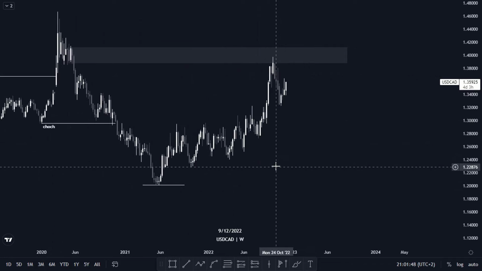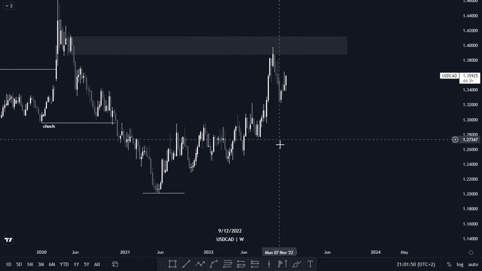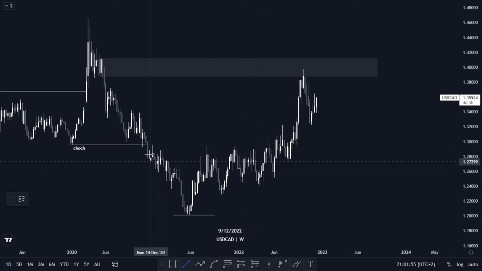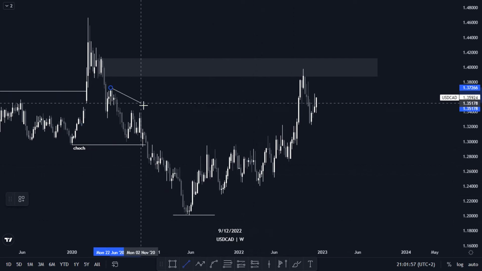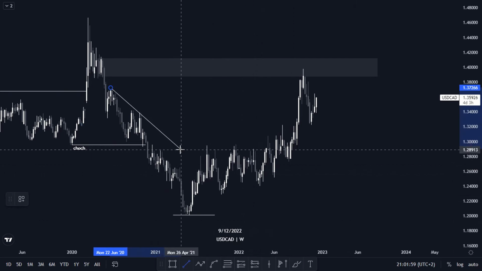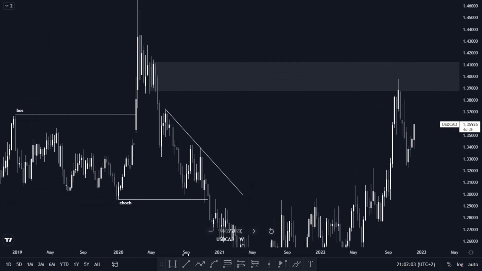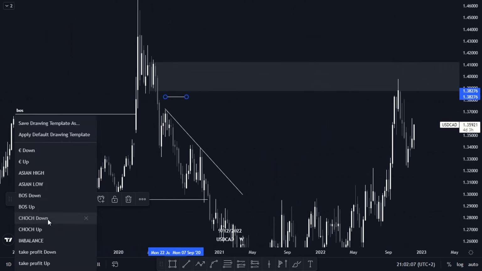liquidity, looking at where liquidity is. Okay, so liquidity, we can see that here we had a form of liquidity, trend line liquidity here that was cleared out, that was swept, and we had some imbalance here that was swept out too.